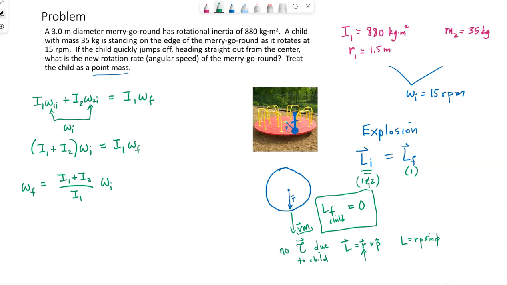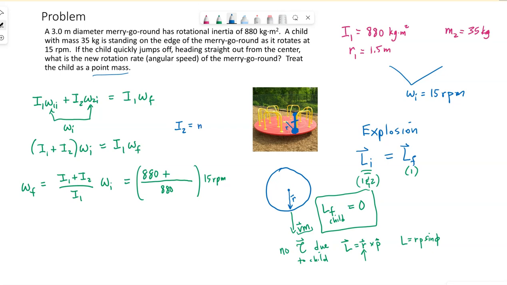Now they gave us I1, 880. So we need to figure out I2. They gave us the 15 RPM. That will be our omega initial. I2, I of the child, a point mass, simply means the mass is concentrated such that we're treating it as if it were all the same distance from the rotation axis.